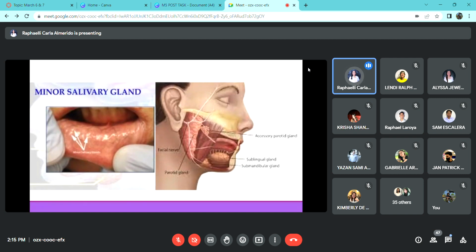That's why when you accidentally bite your lip, especially the lower lip, you will notice some enlargement of these glands, shown as a rounded elevation on the labial region. And you have your accessory parotid gland on the cheeks.